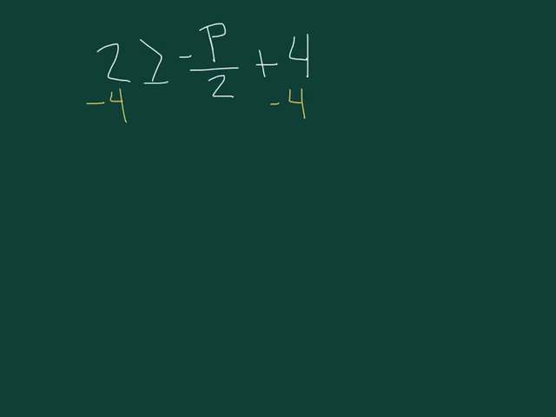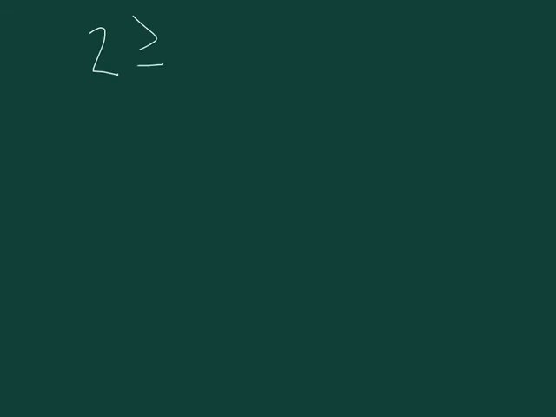Let's start this one over so that we can actually have it look the way we'd like it to look. Okay, let's do this. So we have 2 is greater than or equal to, there we go, a negative p over 2 plus 4.